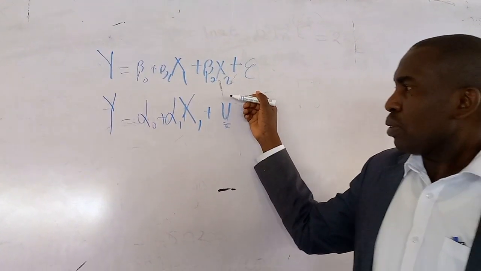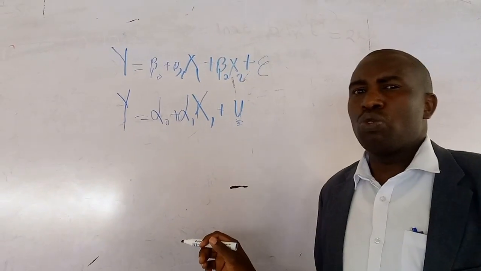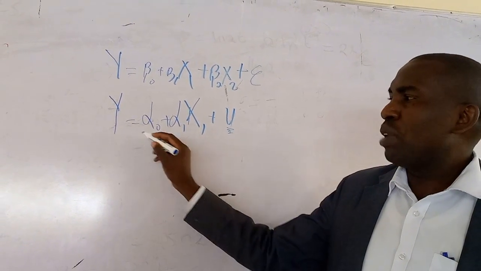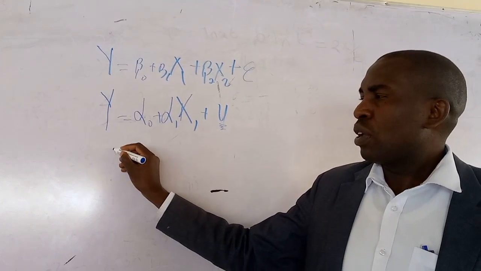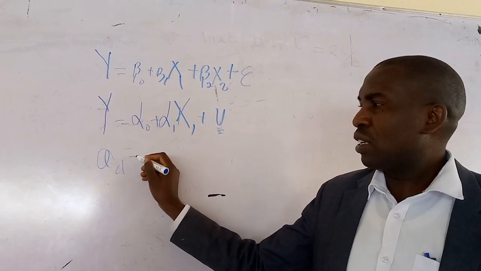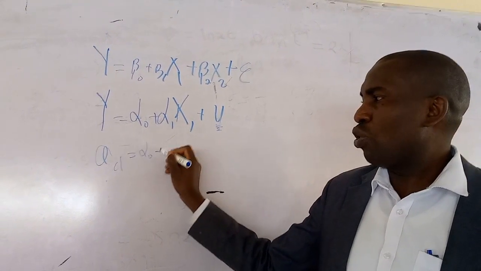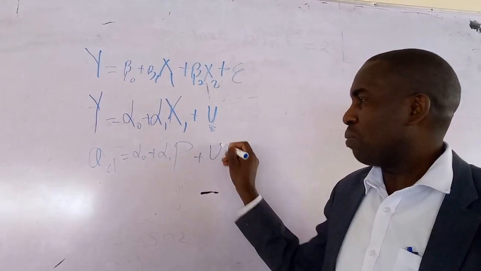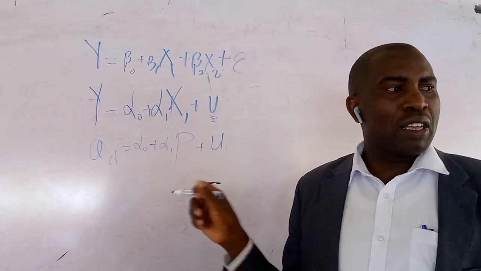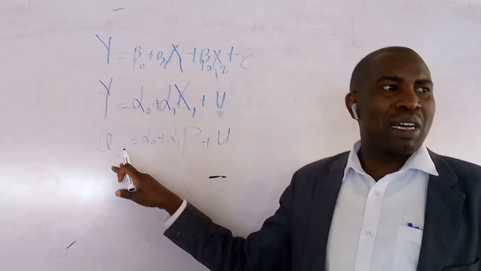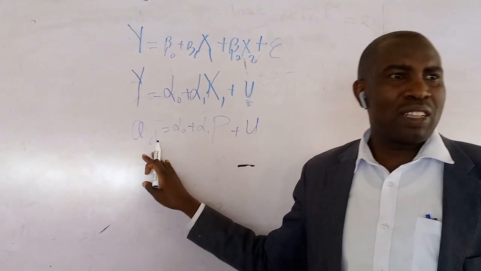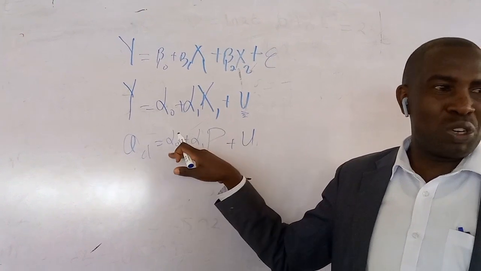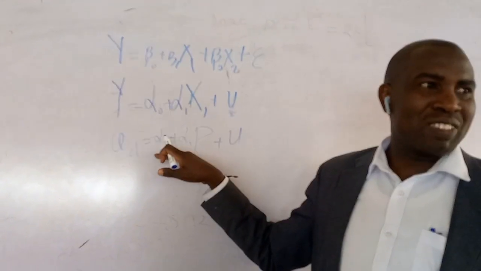If I was to go back to the theory of demand, quantity demanded is usually a function of price, plus the error term. From the look of things, is price the only determinant of quantity demanded? We may also have things like income. Income also affects quantity demanded, but if it's not included in the model, where is it? It's captured in the error term.